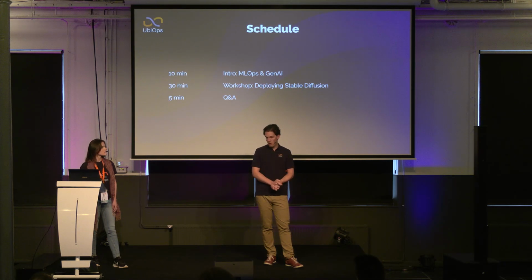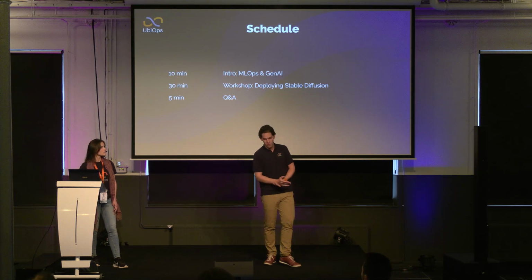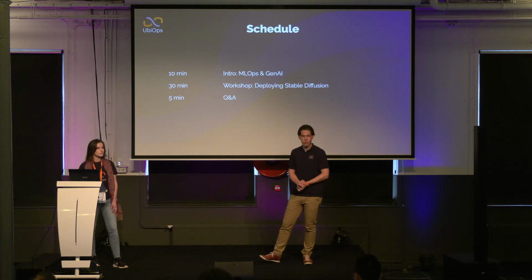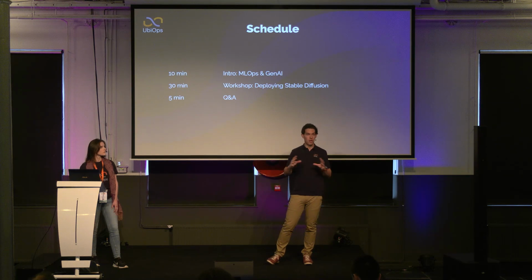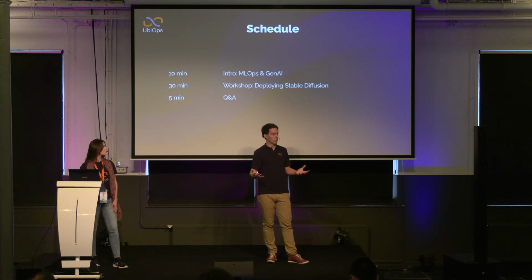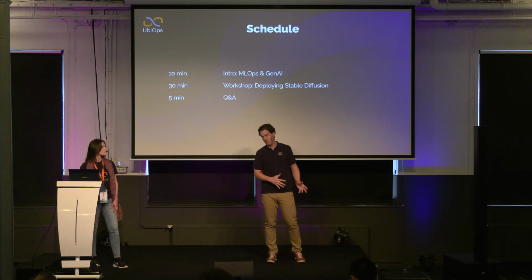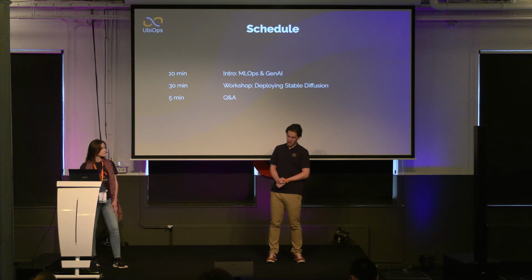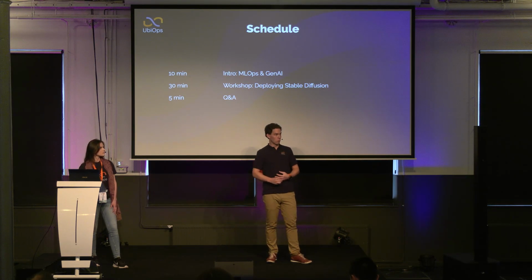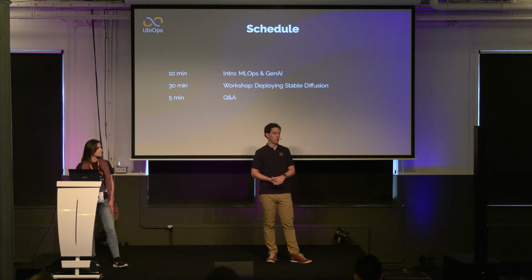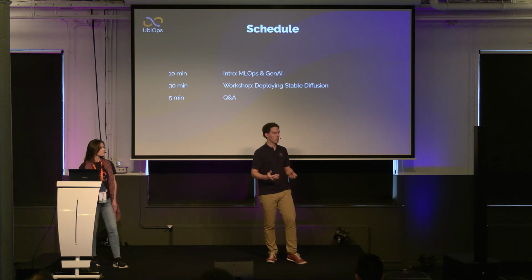First, to set the scene for what we're going to talk about in the next hour, I'll do a quick intro on MLOps and GenAI and what's happening in the space right now, and I'll give the floor to Anouk, and she's going to show all of you how to deploy Stable Diffusion. Stable Diffusion, for the ones who don't know it, is the model that, based on an input prompt, a bit of text, generates an image for you.